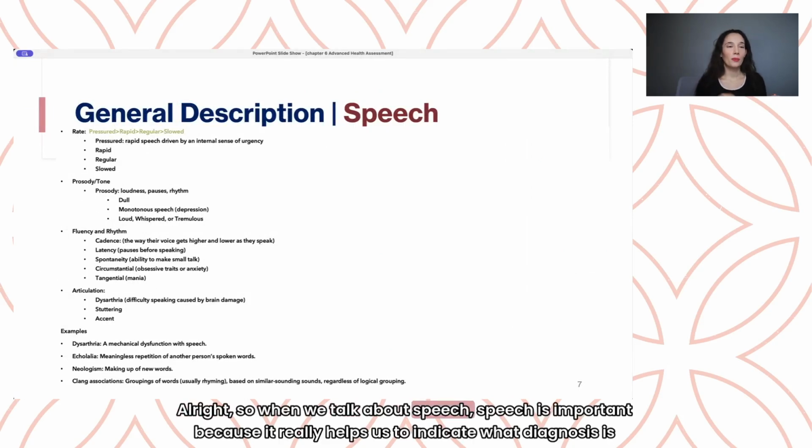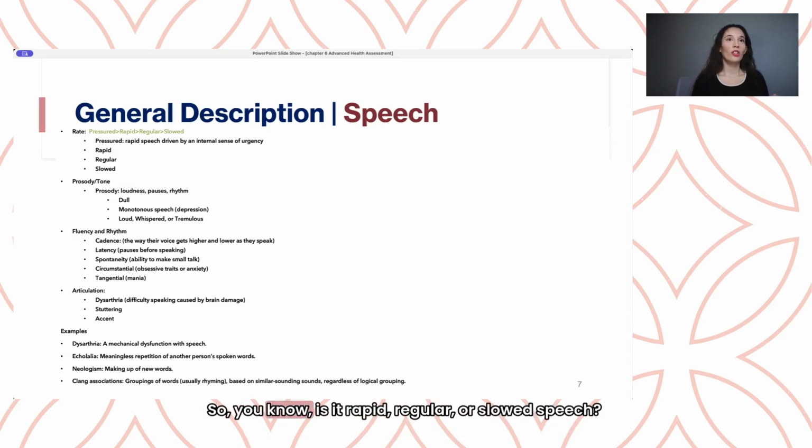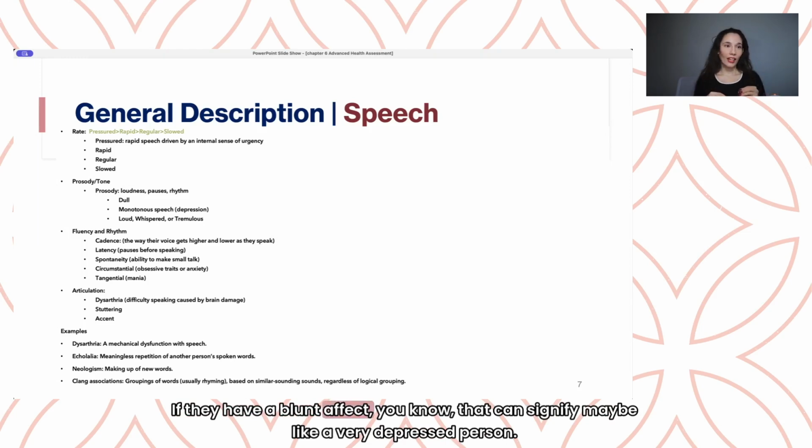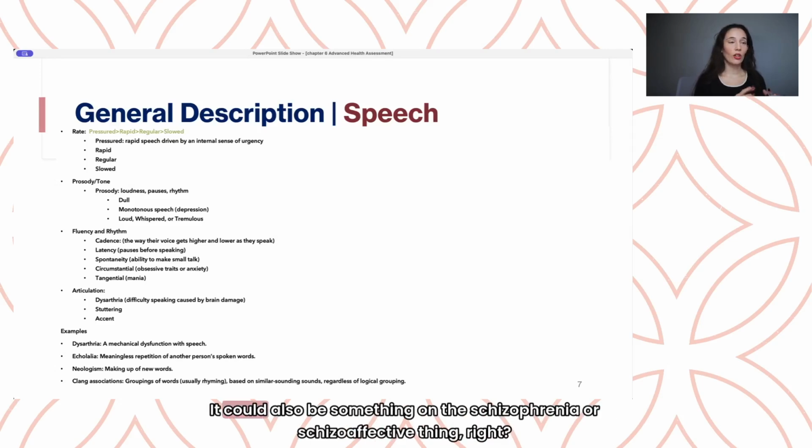All right, so when we talk about speech, it's important because it really helps us to indicate what diagnosis is going on. So, is it rapid, regular, or slowed speech? We kind of went over this already. Is it very dull, right? If they have a blunt affect, that can signify maybe a very depressed person. It could also be something on the schizophrenia or schizoaffective side, right?